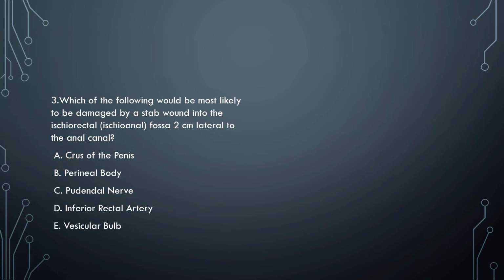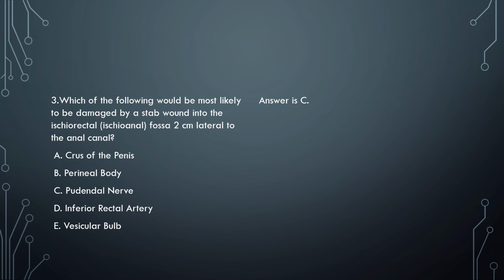What is the correct answer? The correct answer is C, pudendal nerve. It means that if you have a stab wound into the ischiorectal fossa, 2 cm lateral to the anal canal, the pudendal nerve may be damaged.